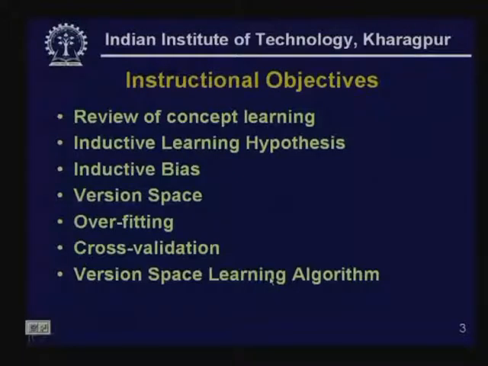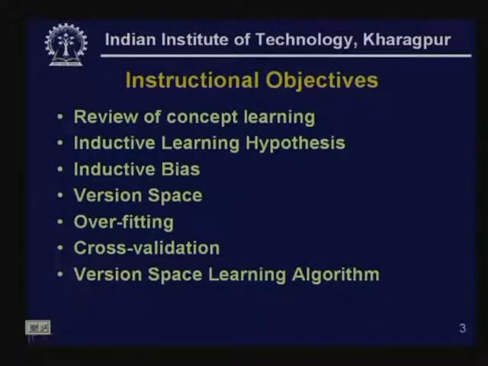We will be reviewing concept learning or classifiers. We will look more closely into the inductive learning hypothesis and explain the various types of inductive bias, and also discuss why inductive bias is required to select a hypothesis.